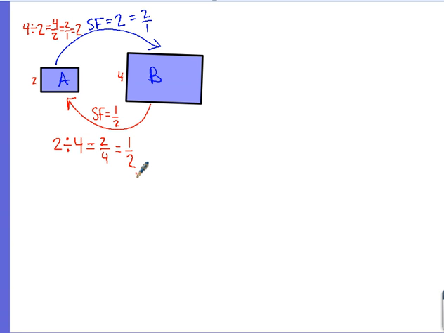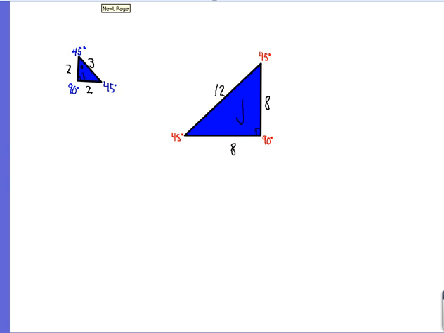Okay, when I look at my scale factors for my blue figures, my right triangles, I'm looking at corresponding sides again. So I'm going to look at the longest side in this figure and the longest side in this figure. I can see that 3 was multiplied by 4, which means our scale factor is 4. I would of course double check that by saying, is 2 times 4 8?